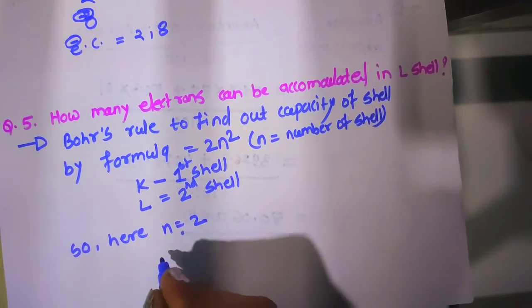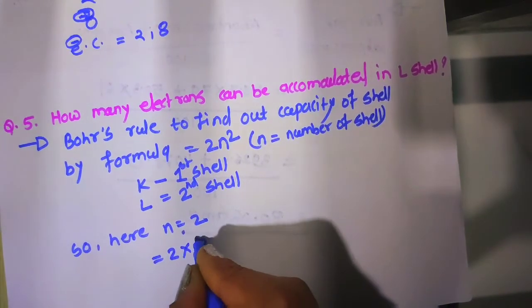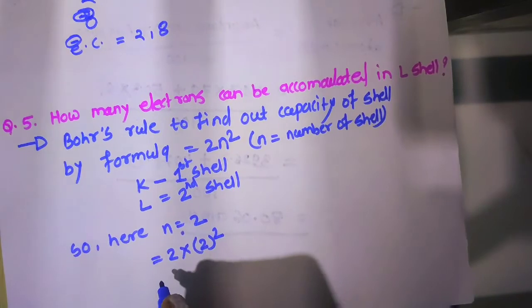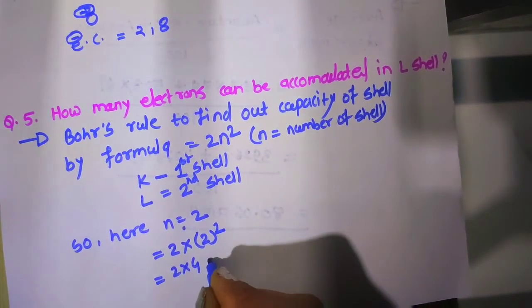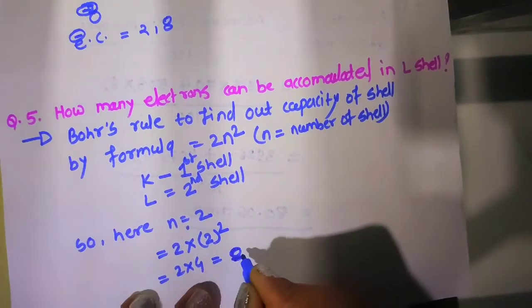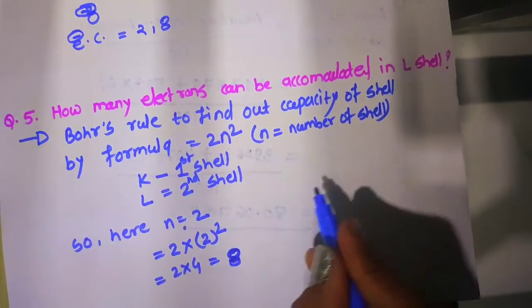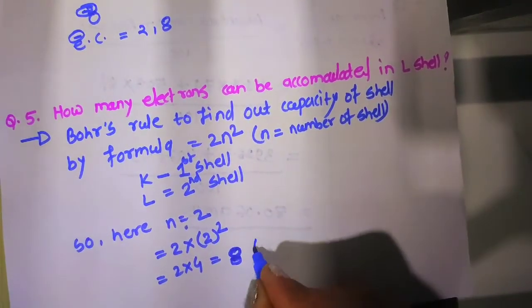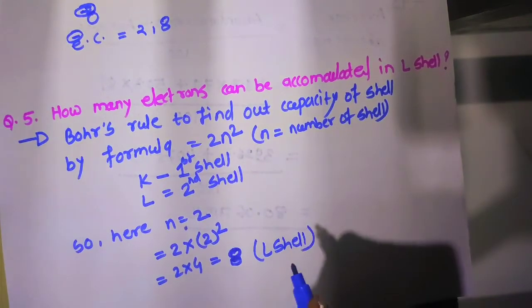We will put this number in our formula. 2 into 2 square, we have the answer 2 into 4 is equal to 8. So the electrons that can be accommodated in the L shell would be 8 electrons.